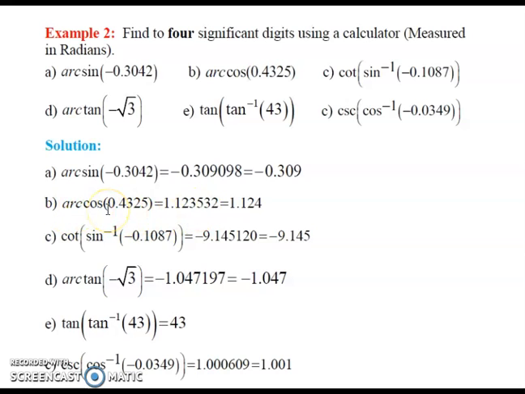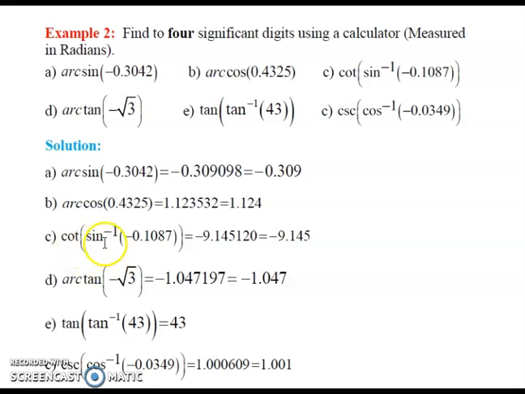Arc cosine of 0.4325. This value is equal to 1.123532. If we observe the fourth decimal point, which is 5, so we add 1 to the third decimal point, so 1.124.